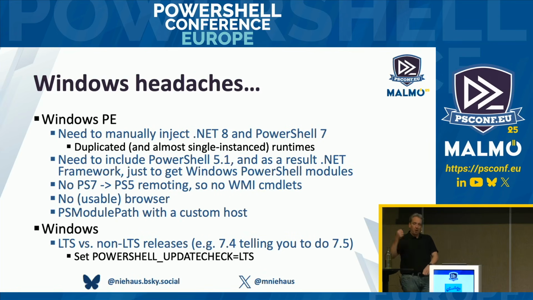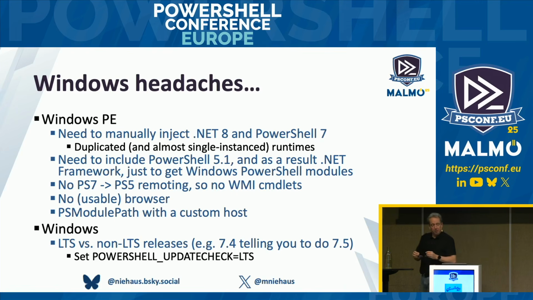But it pulls along all the other garbage from .NET Framework, .NET 3.5 and PowerShell 5.1. Unavoidable. We do a little bit of whacking to reduce the space a little bit, but basically we end up with a Windows PE boot image that has .NET 8, .NET 3.5, PowerShell 7, PowerShell 5.1, and all of our stuff added on top of that. So it gets to be a little big, but okay, at least we can download it quickly.